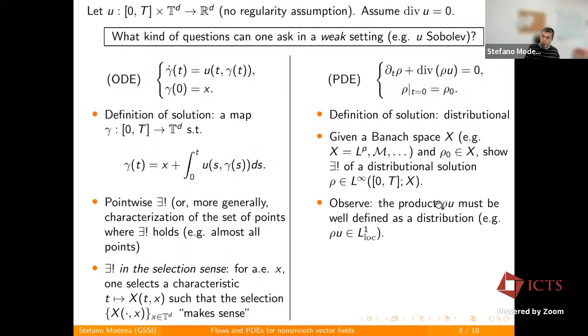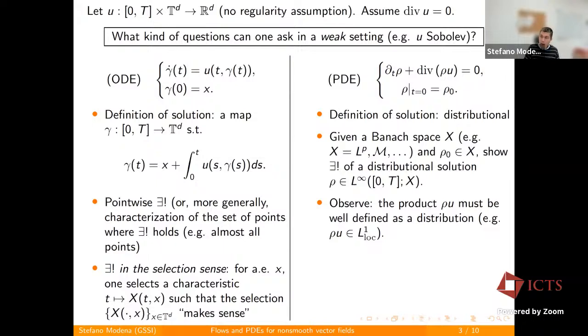In order to define a distributional solution, we must be sure that the product ρu, which appears here, is well defined as a distribution. For instance, we must be sure that this is an L^1_loc function, locally integrable in time and space. Otherwise, this product does not make sense as a distribution, and we cannot define distributional solutions.